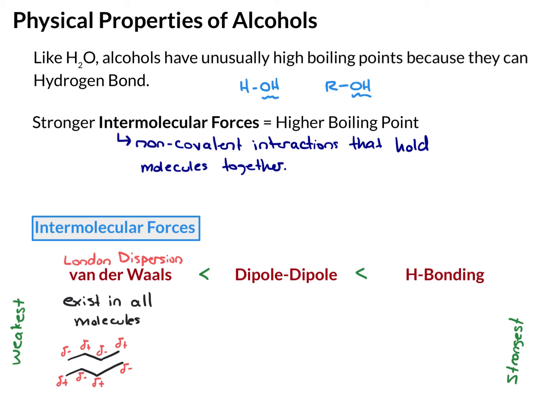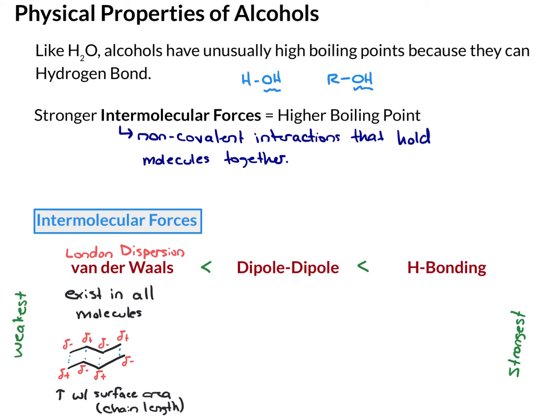And what this results in is these two molecules kind of being attracted to one another. So what you can see is that the longer the chain or the more surface area you have here, you're going to have stronger van der Waals forces. So this increases with surface area. Longer chains are going to have better van der Waals forces. And then you can imagine if you have a bunch of branching in a molecule, that's going to disrupt the alignment of these, which is going to disrupt the van der Waals forces.